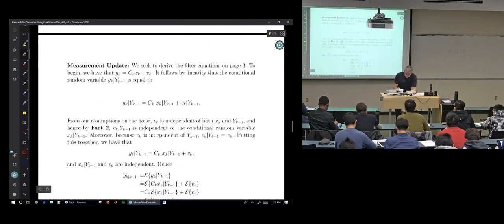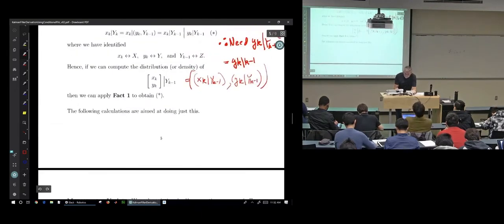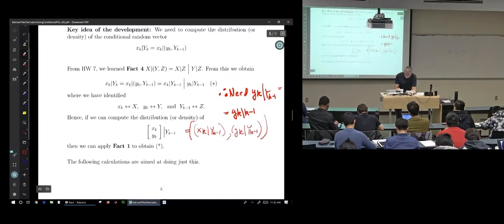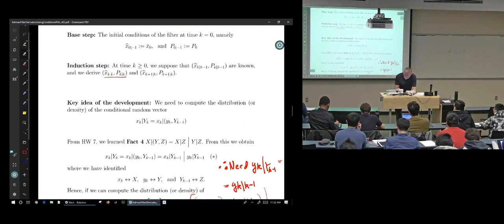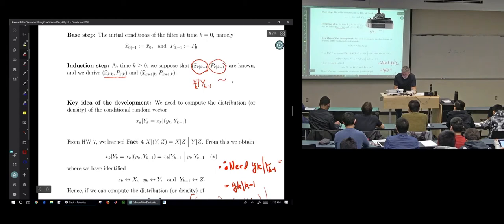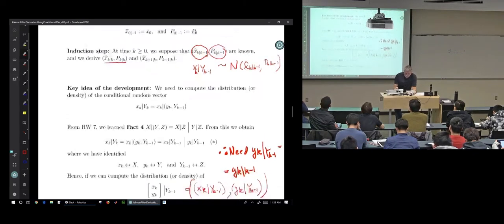Okay, so let's figure this out. x given Yk minus 1, that's part of the induction step: its mean and its variance. So we have that as part of the induction step.